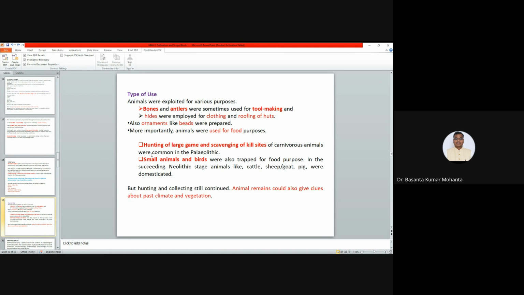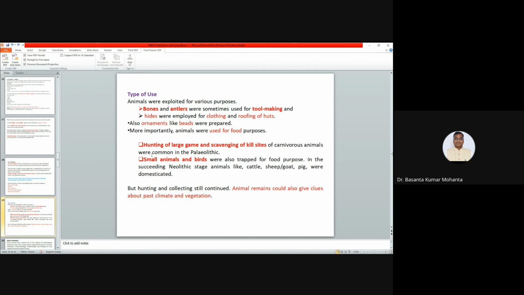Apart from that, which is very important, prehistoric people were using animals as their food. During Paleolithic and Mesolithic time, they were hunting wild animals, and from Neolithic time onwards, they also started domesticating these animals for various activities, including food.